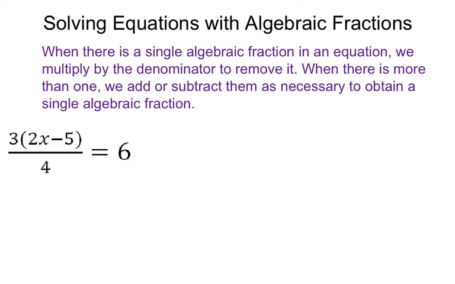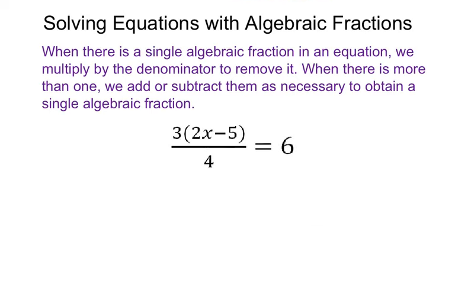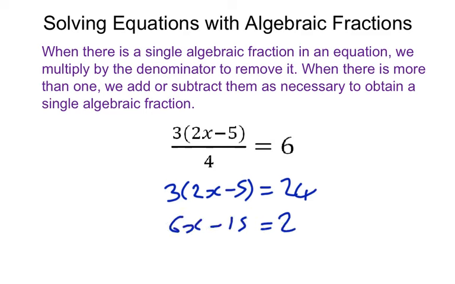So the next example, we have 3 brackets 2x minus 5 over 4 equals 6. Once again there's only a single algebraic fraction, so the first thing we're going to do is multiply by 4, and we get 3 brackets 2x minus 5 equals 24. Now we can expand the brackets and we get 6x minus 15 equals 24.